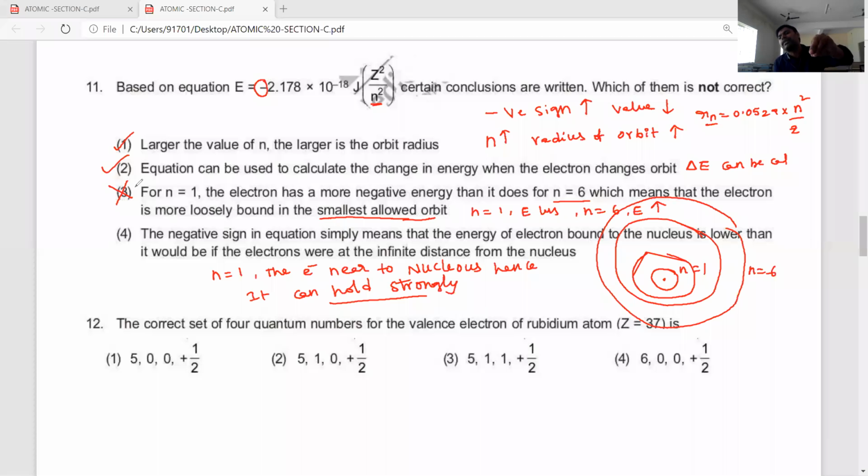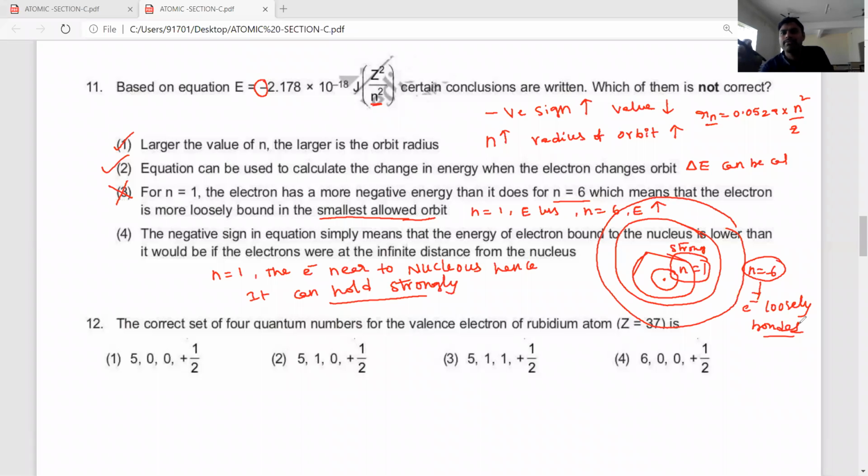See, n is equal to 1 means inner shell electrons, which, when compared to n is equal to 6, are more highly attracted or strongly bound. For n is equal to 6 the electrons are loosely bound. But they said that n is equal to 1 has more negative energy because its electrons are loosely bound. That is wrong.